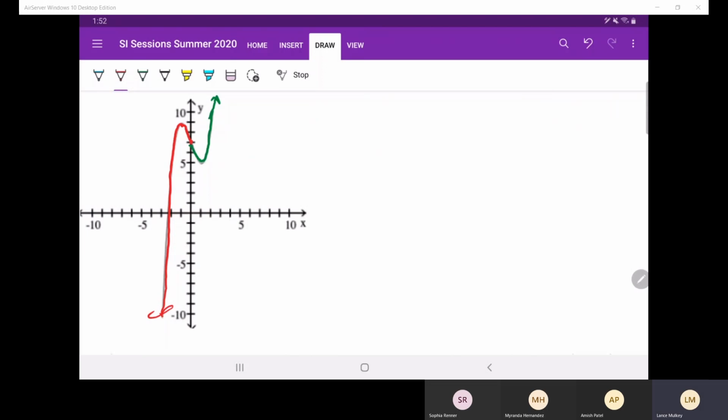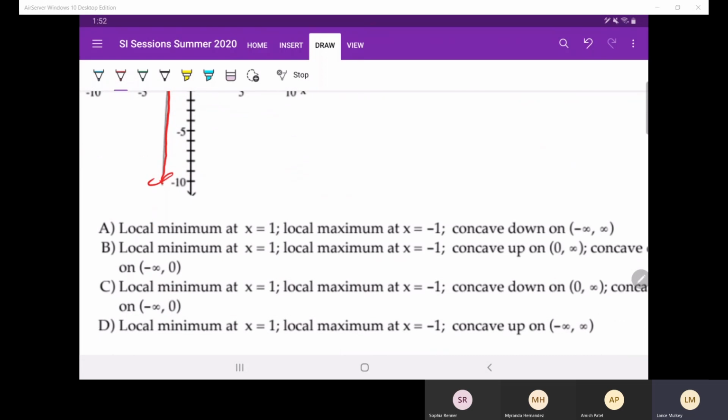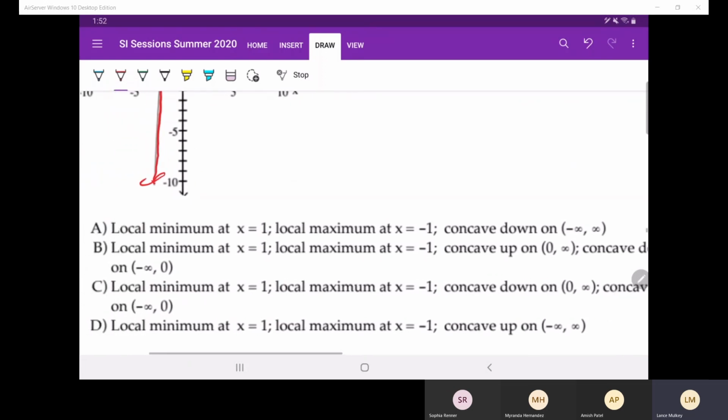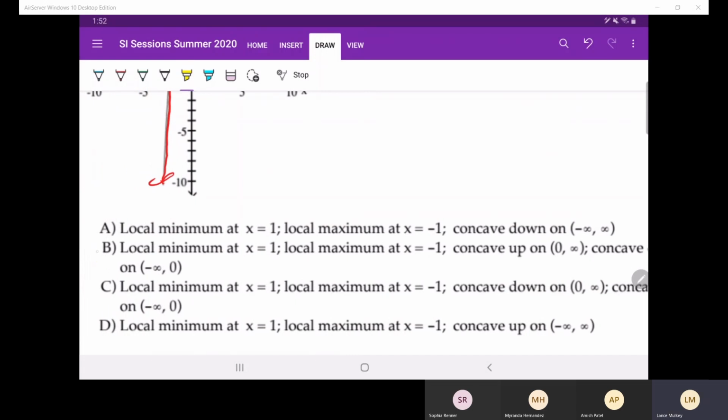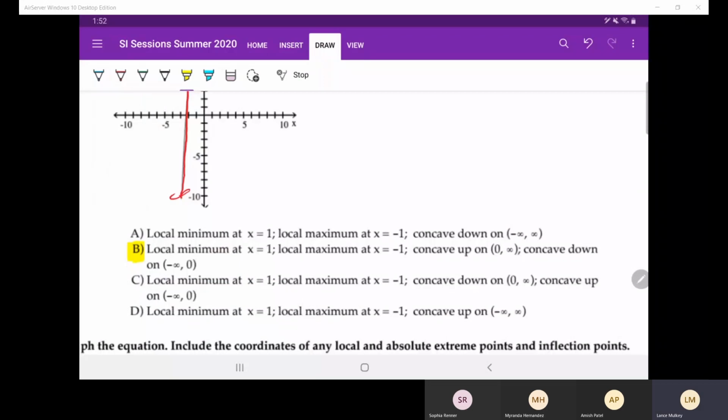It's kind of in the middle. Not always, but now that we know the concavity is concave down from negative infinity to 0, and concave up from 0 to infinity, your correct answer right here is B. Any questions on that one?